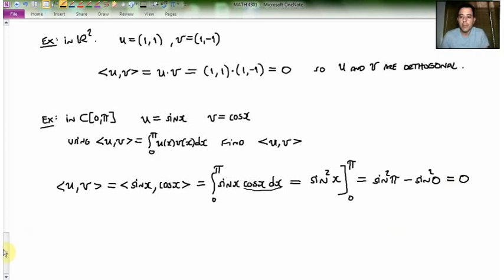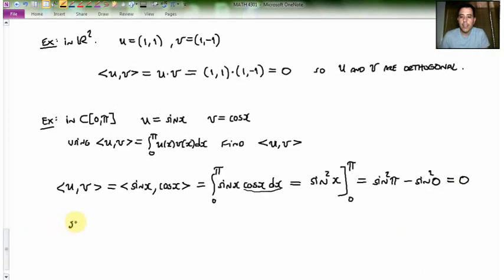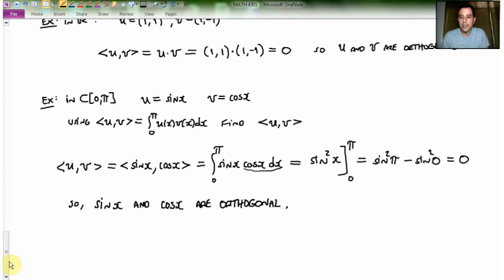So that means u and v, or we can say sine x and cosine x, are orthogonal. They make an angle of 90 degrees.